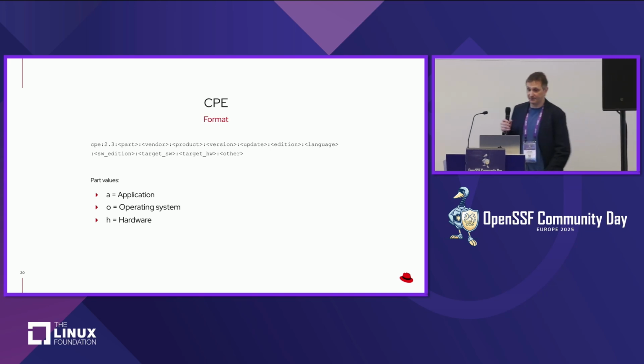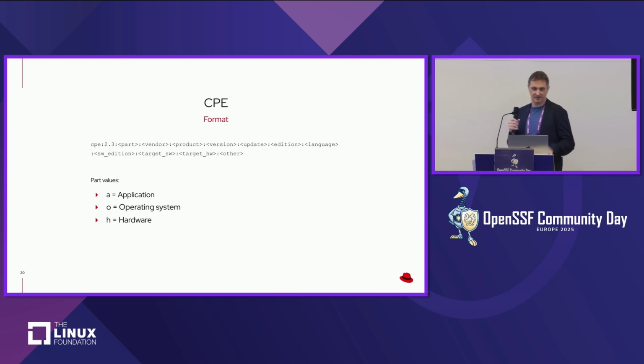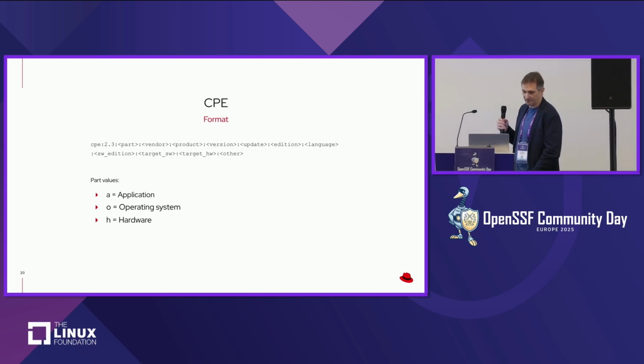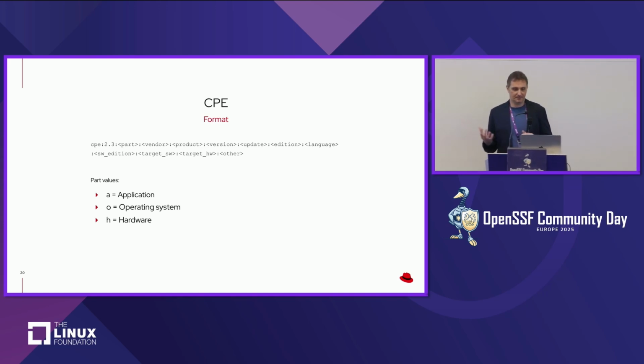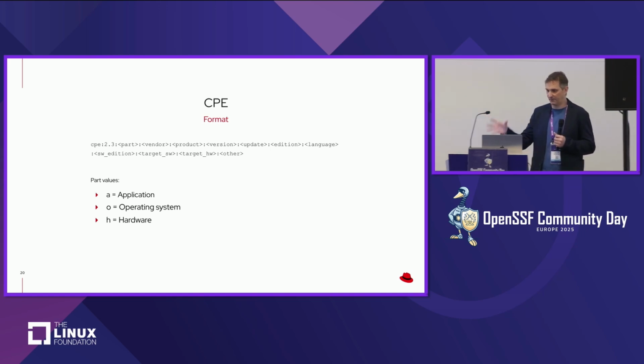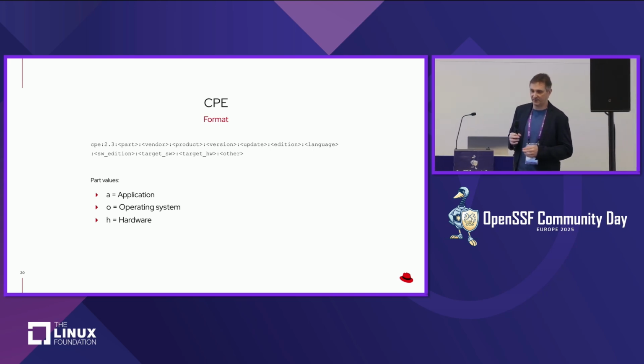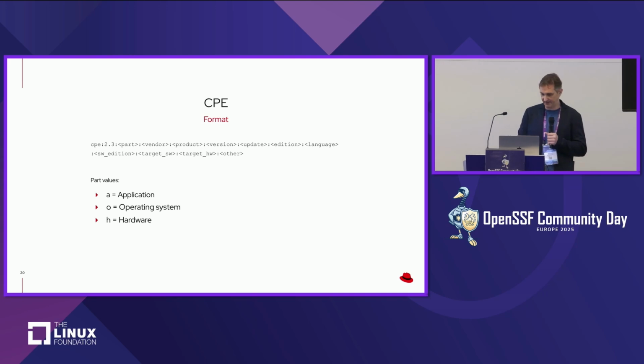It's a very simple schema, basically colon-separated elements, starting with CPE, the version of the protocol, then the part trying to identify is it application, operating system, or hardware, and then going like how would you intuitively go to identify a software product. So a software vendor, the product name, the version of the product, and then different kinds of qualifiers that can further narrow it down to a different software architecture or something like that, right?